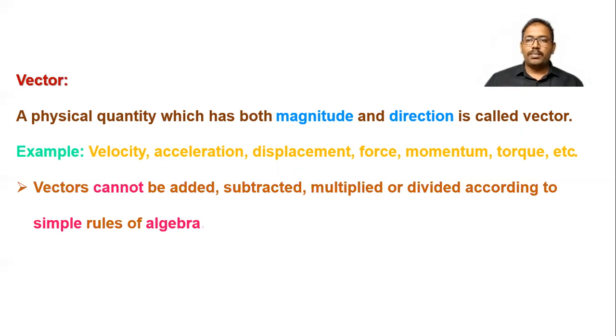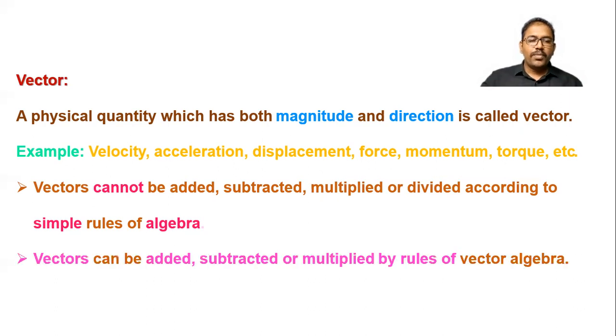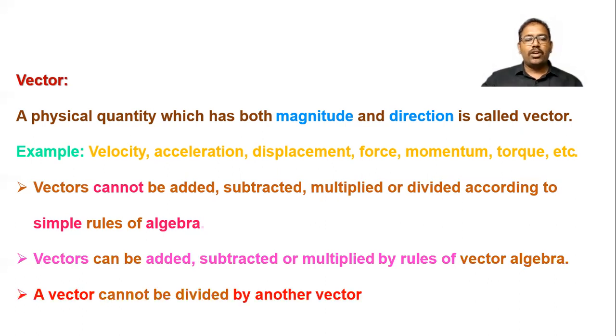In this chapter, we learn addition, subtraction, and multiplication. Vectors can be added, subtracted, and multiplied by rules of vector algebra. A vector cannot be divided by another vector. So why do we learn only addition, subtraction, and multiplication, and not division? The reason is a vector cannot be divided by another vector.